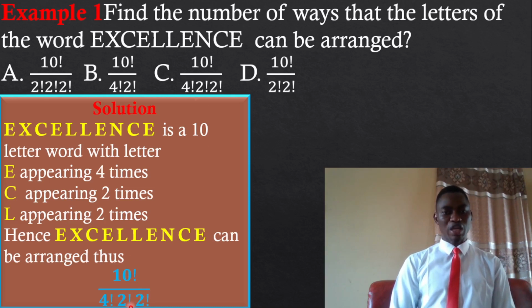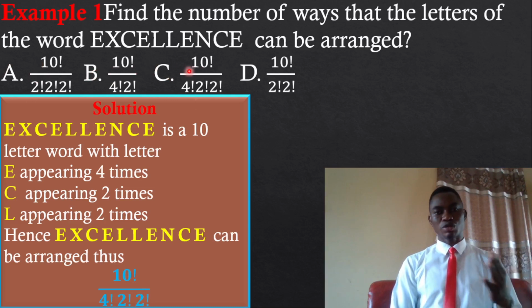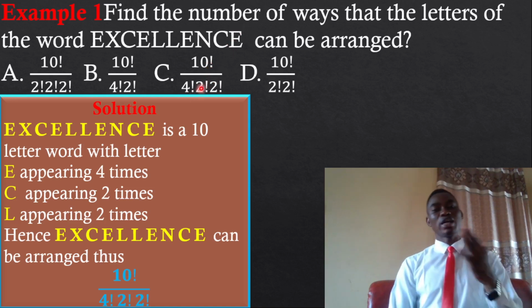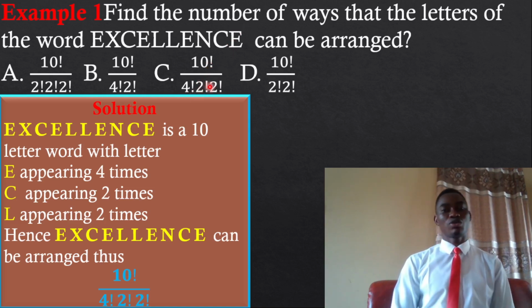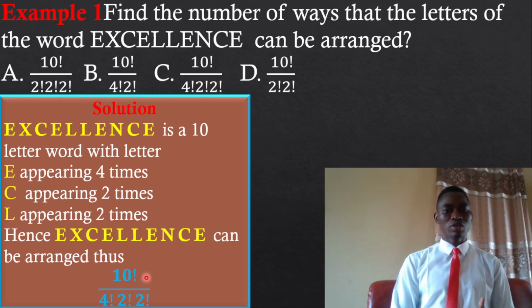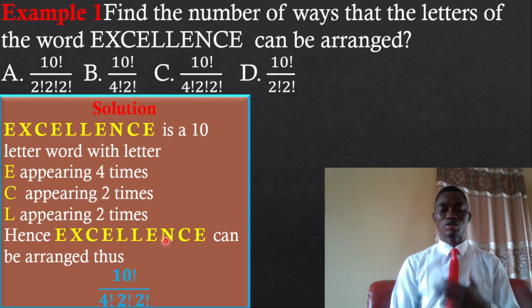We are going to stop here because if you check the options, you see that option C, which is the correct option, stops at 10 factorial over 4 factorial times 2 factorial times 2 factorial. So the correct option here is C. Because this is a multiple choice question, we stop here.